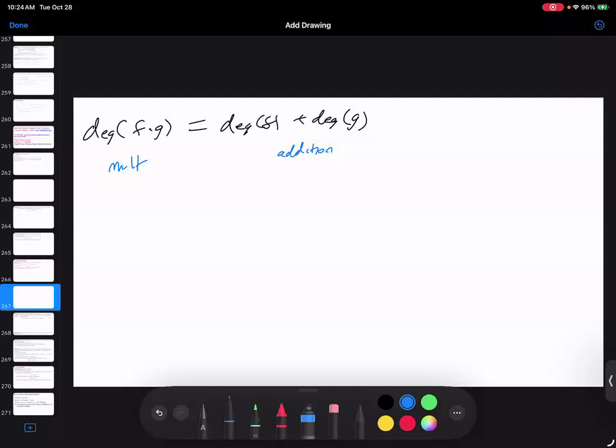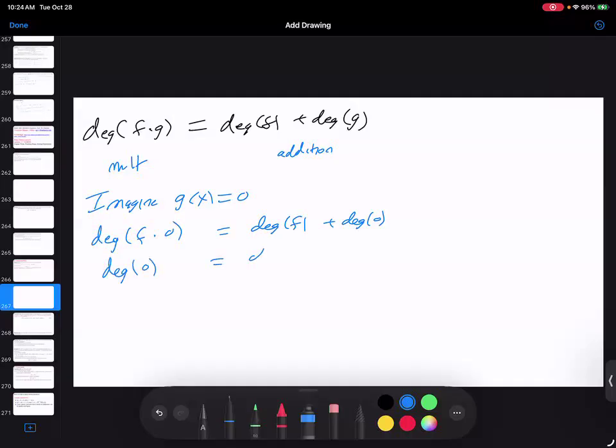So imagine g of x is the 0 polynomial. Then we want the degree of f times the 0 polynomial to be the degree of f plus the degree of the 0 polynomial. Well, this is the degree of the 0 polynomial equals the degree of f plus the degree of the 0 polynomial.